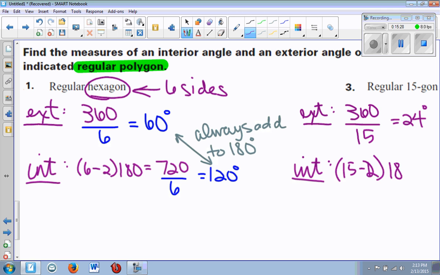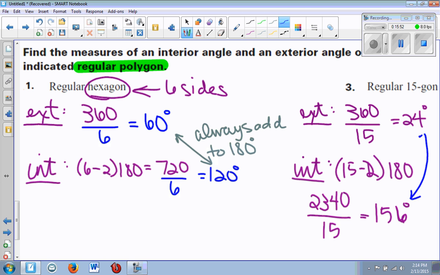So 15 minus 2 times 180 is going to give me a total of 2340 for all of them together. And again, I want to split that total 15 equal ways, and that means that each one of them will be 156 degrees.